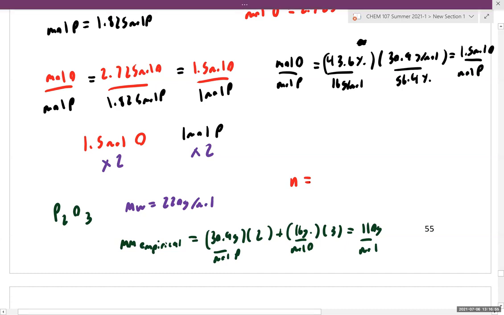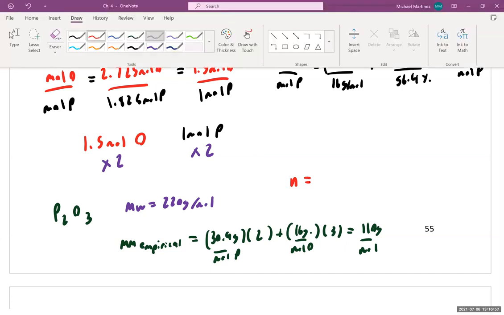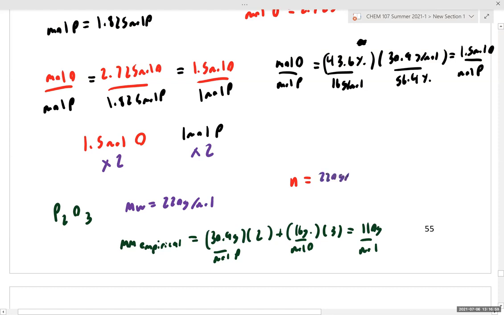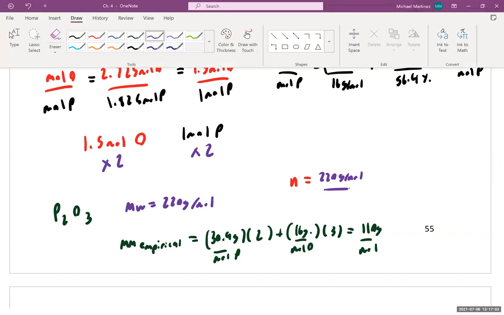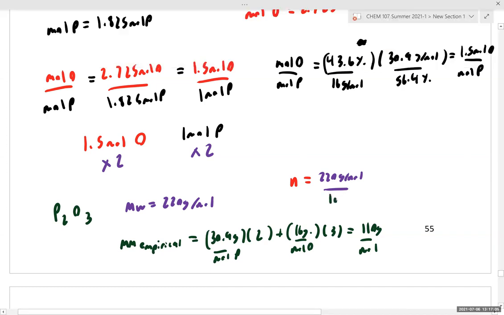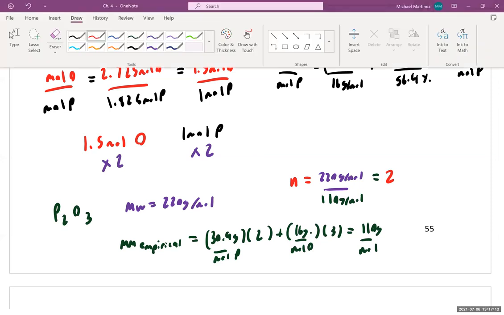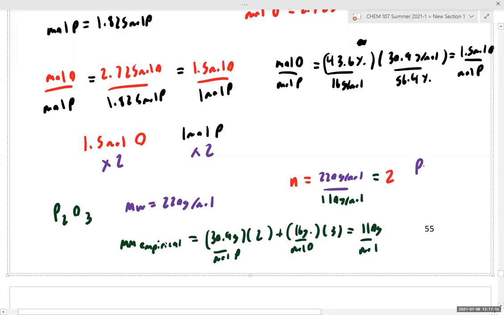Exactly right. So we take 220 grams per mole divided by 110 grams per mole. That gives us an N value of 2, which would give us a formula of P4O6.